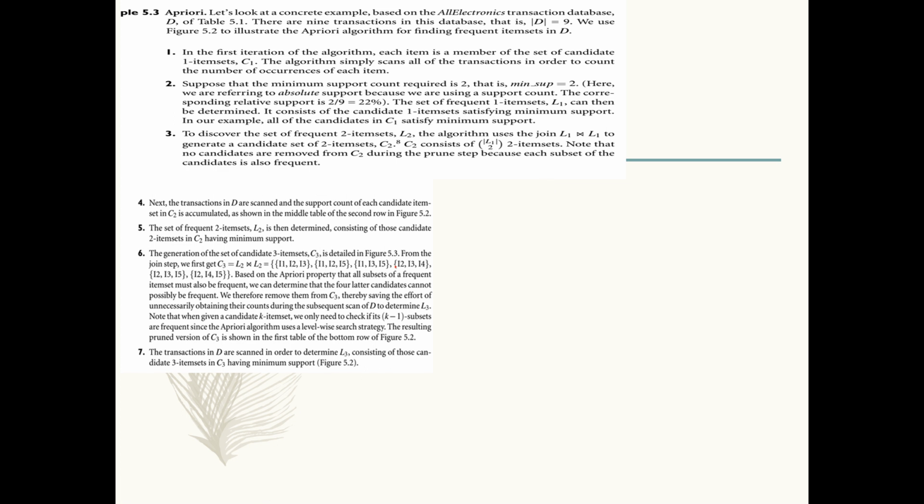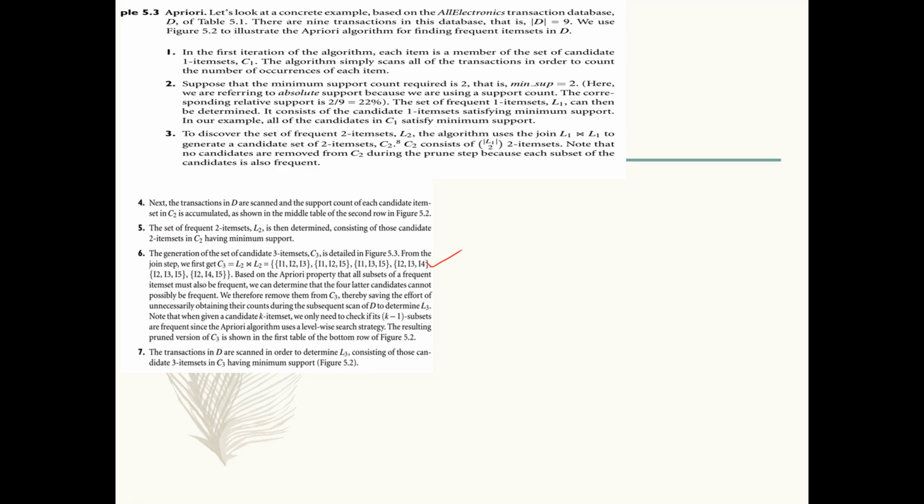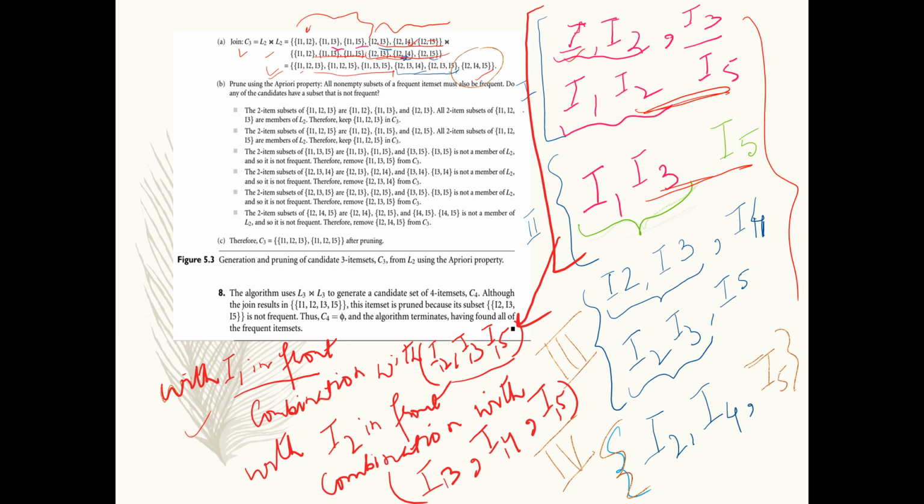So this is the step explanation here. Based on the a priori property, all the subsets of a frequent item set must also be frequent, and that is applicable on those two.